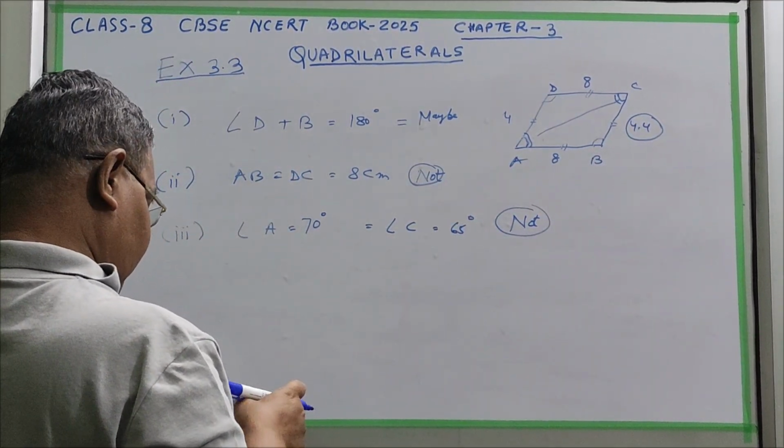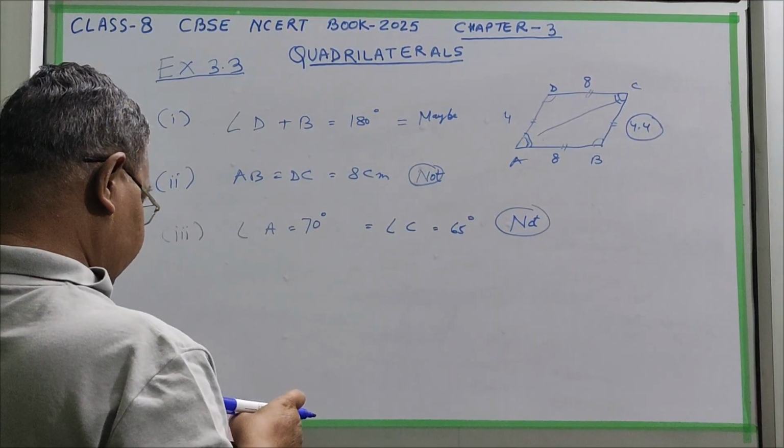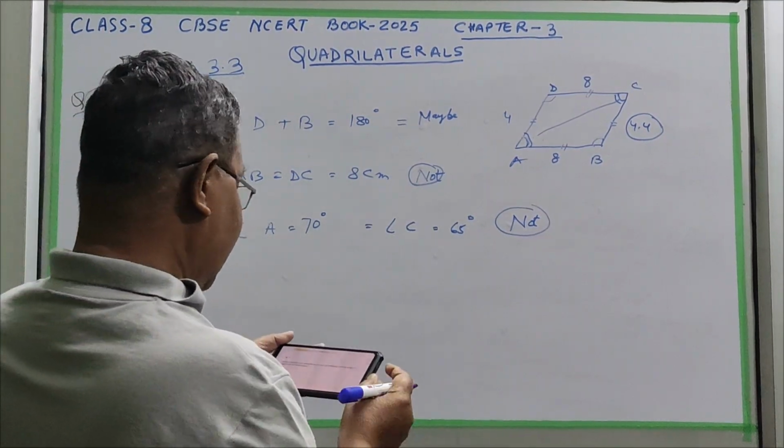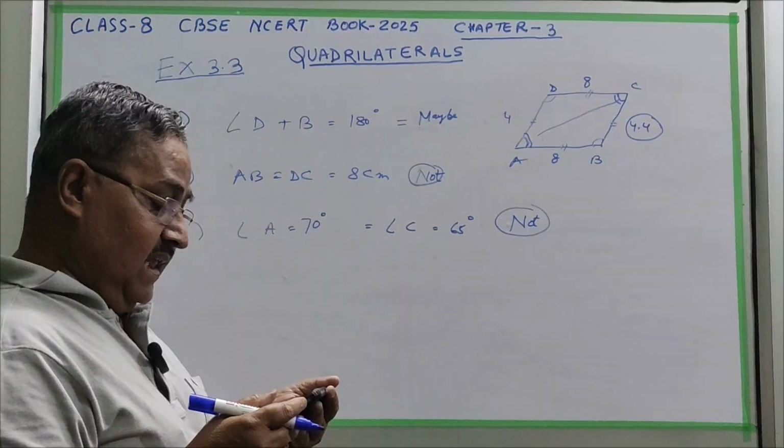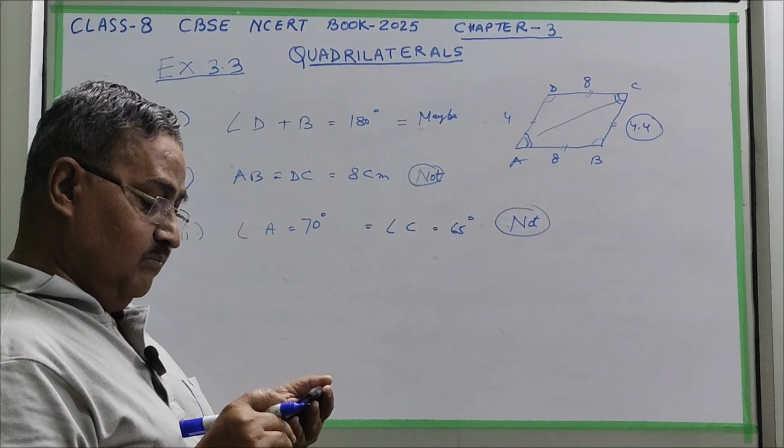Now question number 4, we are going to draw a rough figure of a quadrilateral that is not a parallelogram.